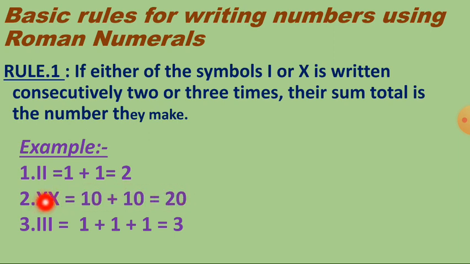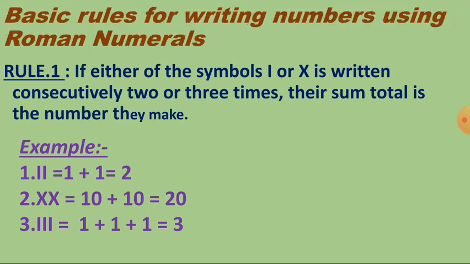So 2 X value is 20. Now III is equal to 1 plus 1 plus 1 is equal to 3. 1 I value is 1, so we add 3 times 1. So your total becomes 3. So the value of 3 in Roman numerals is III.